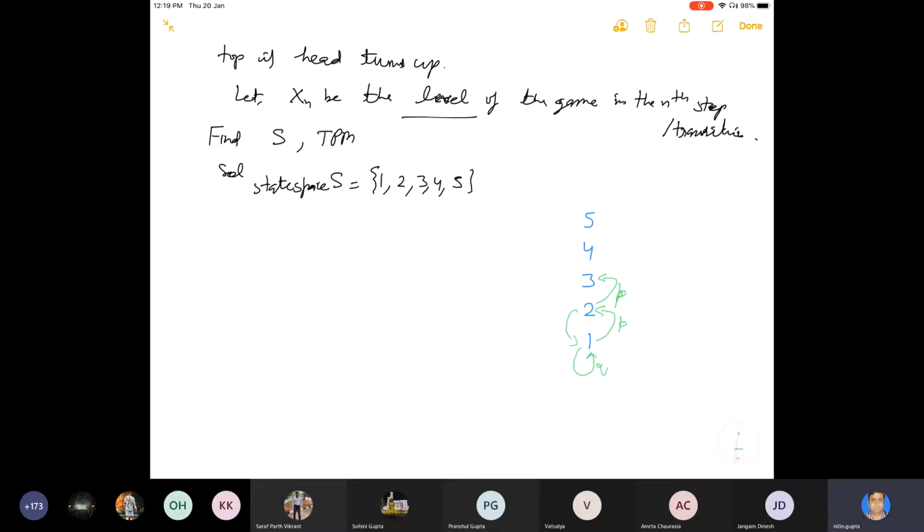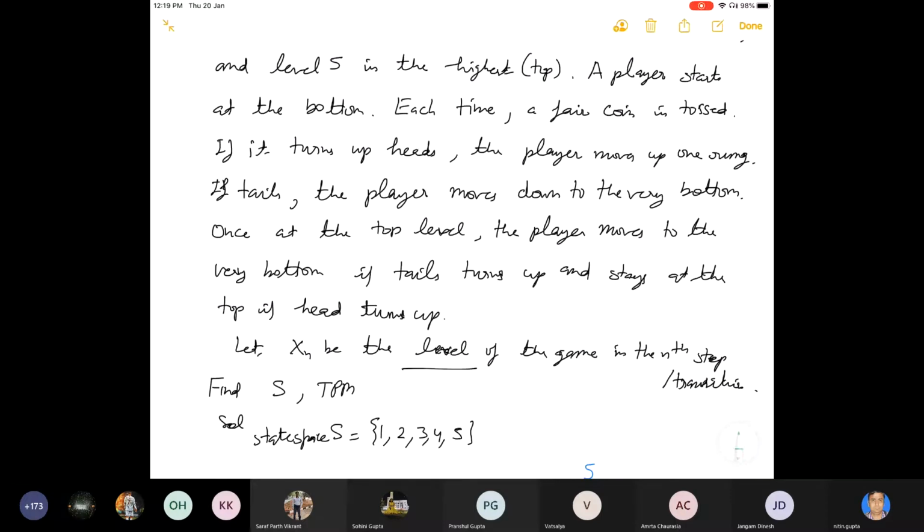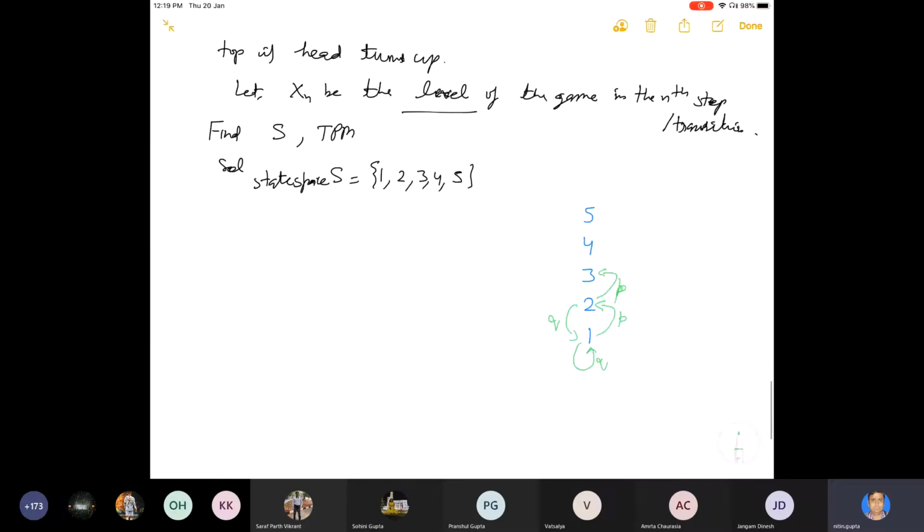Basically, it will move 1 to 2 with probability P. Okay, so the player moves up one rung. With probability P, it will move from 2 to 3. Otherwise, tail comes, it will move to the very bottom. Similarly, from 3 to 4, it will move with probability P. Otherwise, it will move to the very bottom with probability Q. 4 to 5, it will move up, and otherwise it will move to the very bottom.